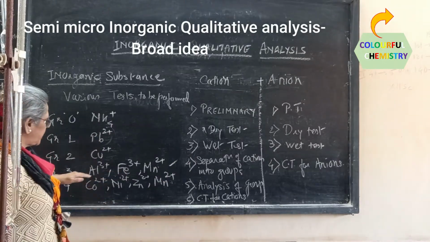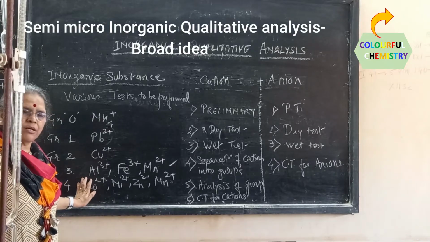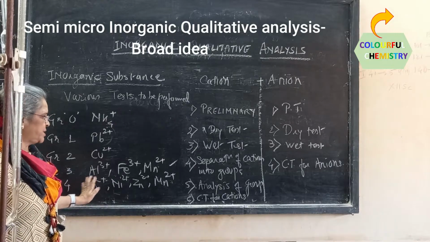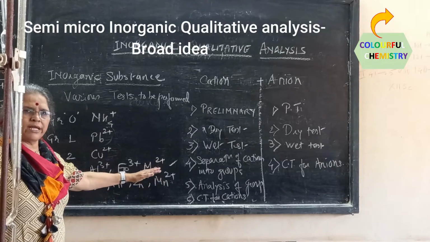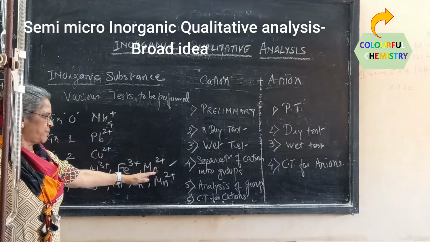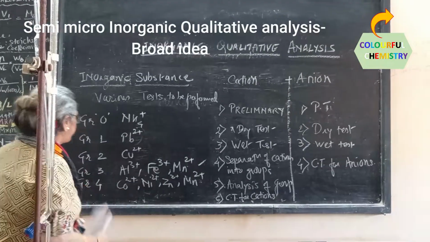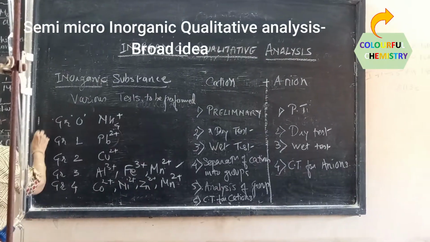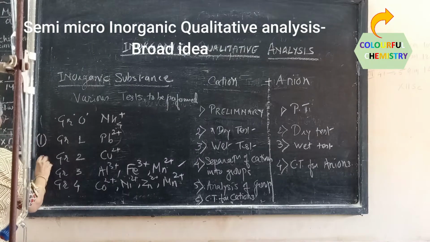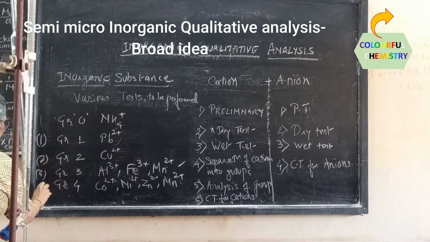If you get a pink or light brown precipitate, it is manganese. But if it doesn't precipitate properly here, then it will precipitate in this group by performing step number 4. So this is step 1, step 2, step 3, step 4. This is how the various steps are performed.